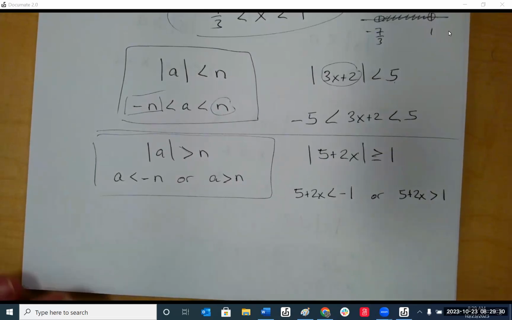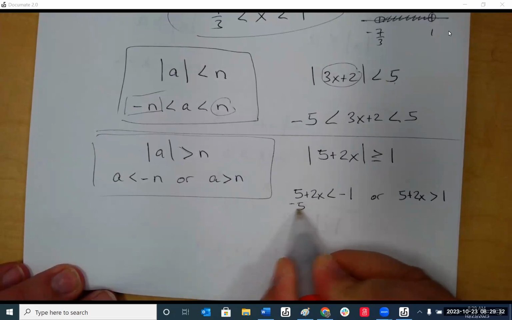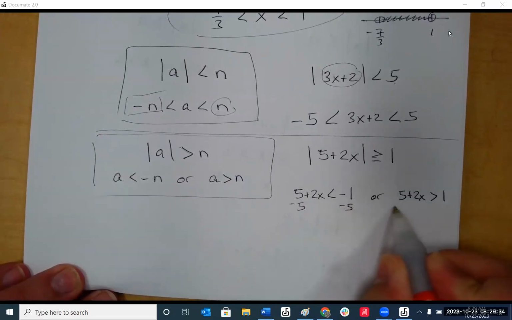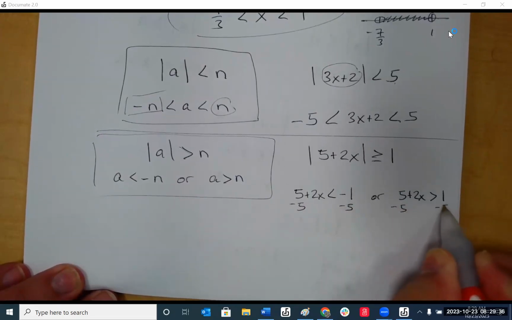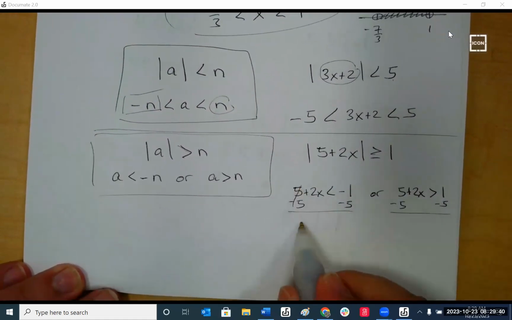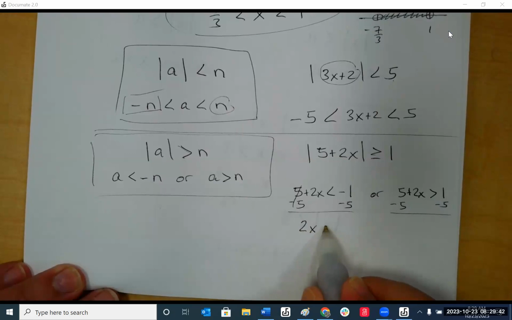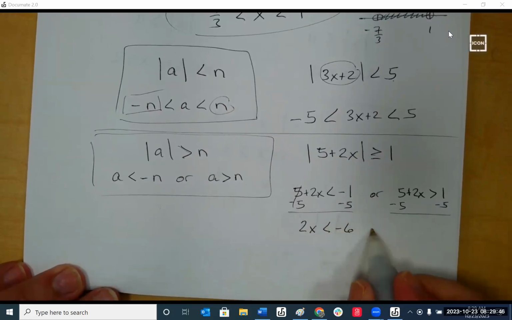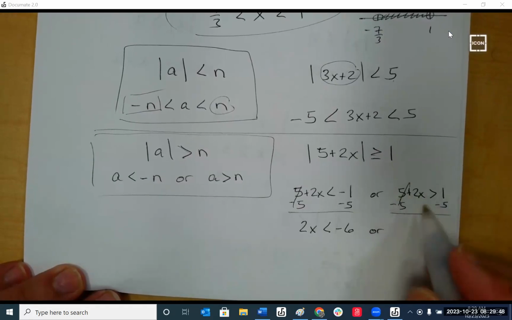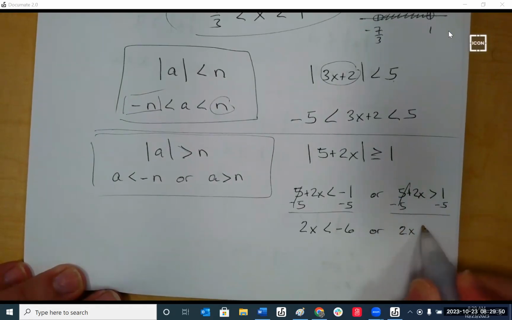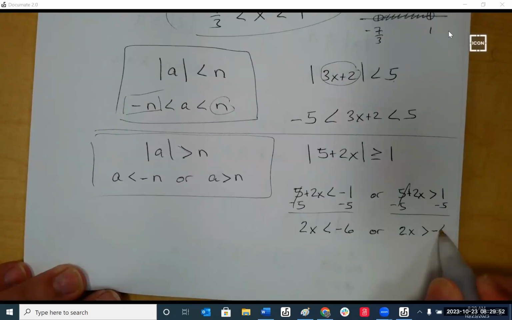And now we solve. Subtract 5 across the board. 2x is less than negative 6, or 2x is greater than negative 4.